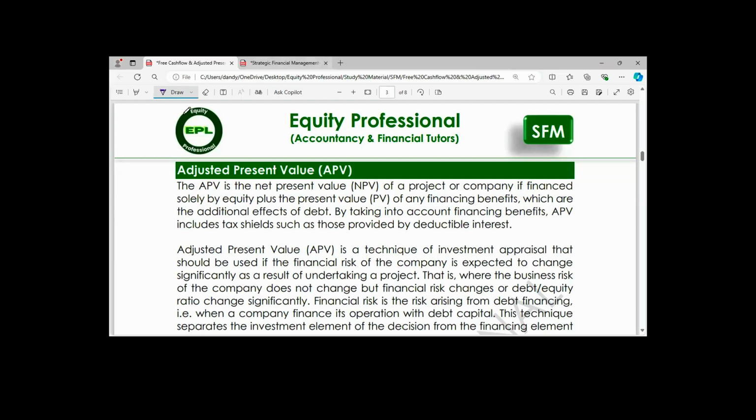So what do you understand by adjusted present value? What is adjusted present value?